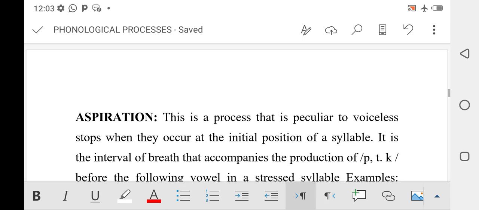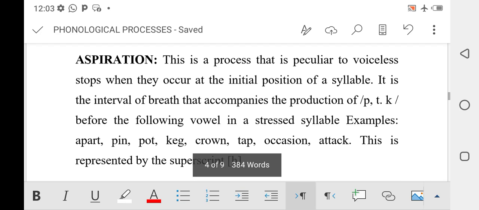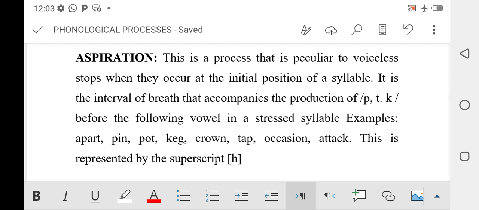Now we look at another one, aspiration. So we have considered assimilation, now we are looking at aspiration. Aspiration is a process that is peculiar to voiceless stops. You can call them voiceless stops or voiceless plosives.